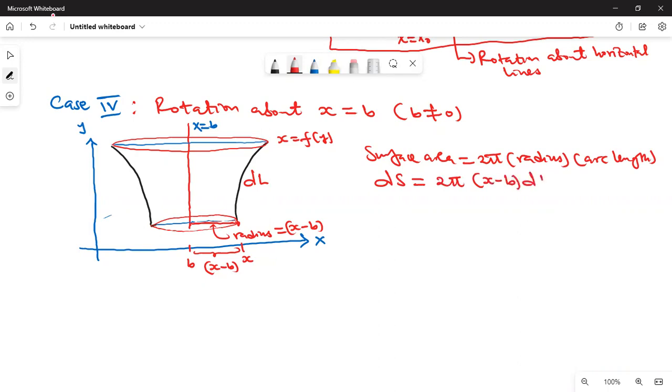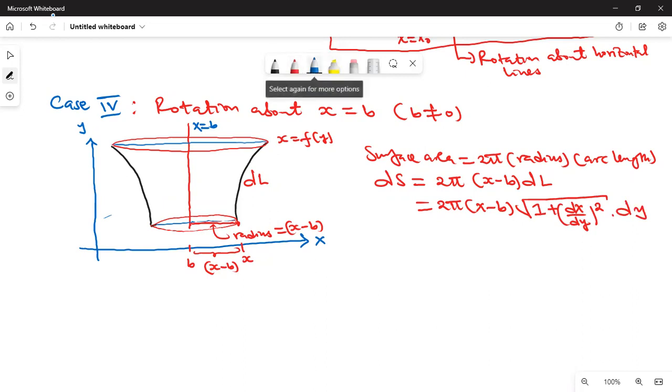Arc length is dl. And so this you can as well write as 2 pi (x minus b), and then dl is the square root of 1 plus (dx over dy) squared. I already explained why in case 2. Then times dy. So if I want to get S, I integrate both sides.